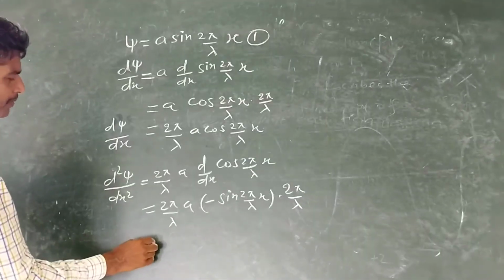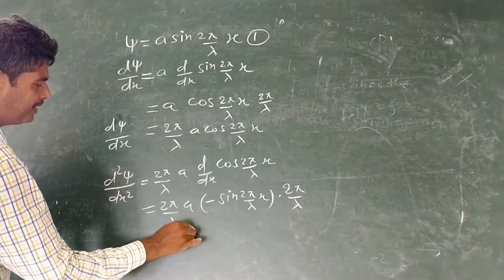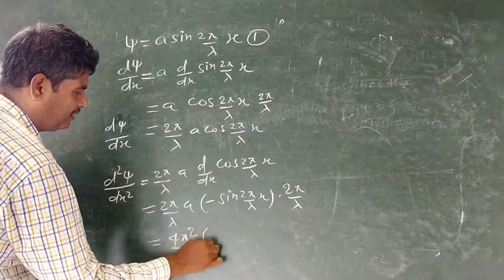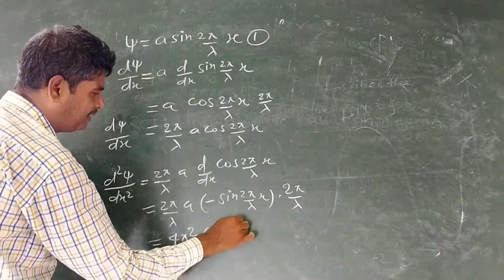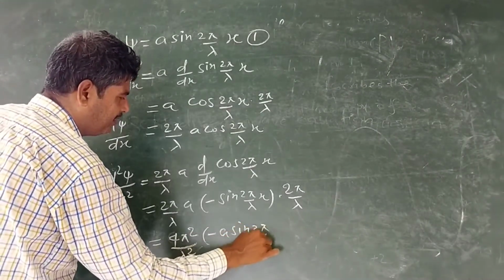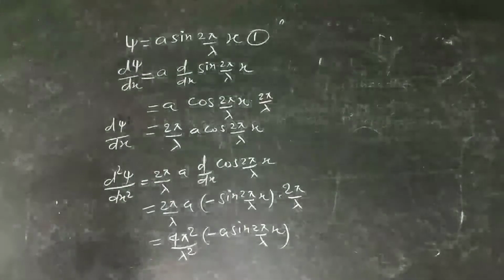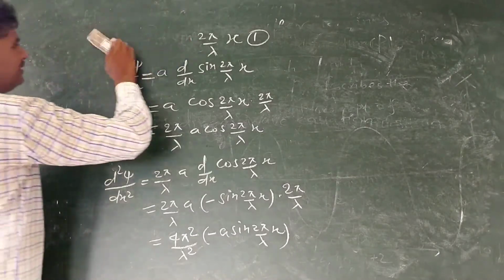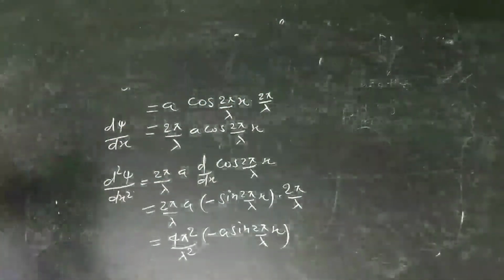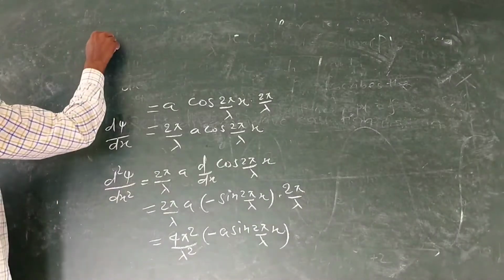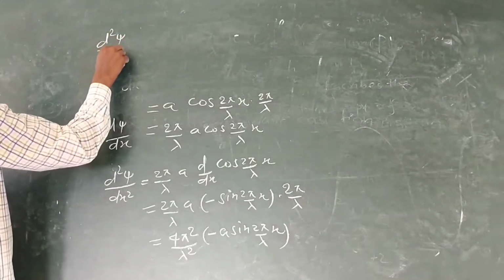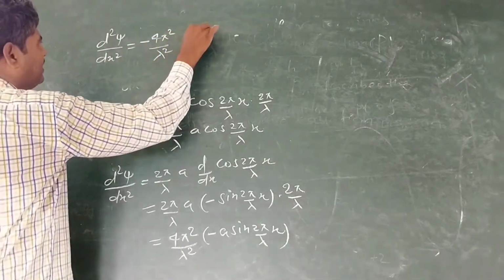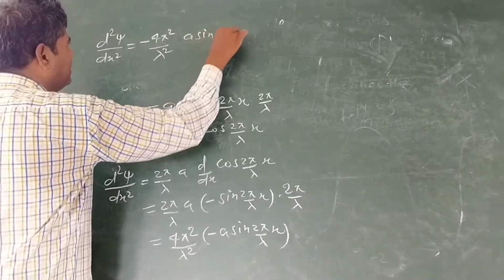Arranging this, we get 4 pi square upon lambda square into minus a sin 2 pi by lambda into x. And d2 psi upon dx square is equal to minus 4 pi square upon lambda square a sin 2 pi by lambda into x.